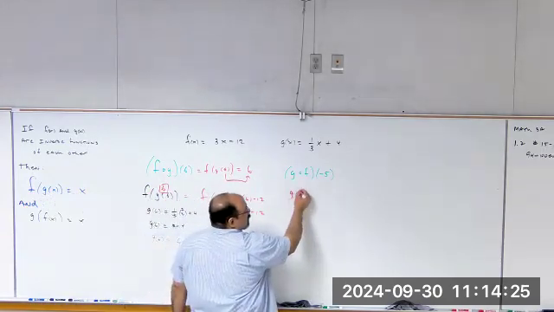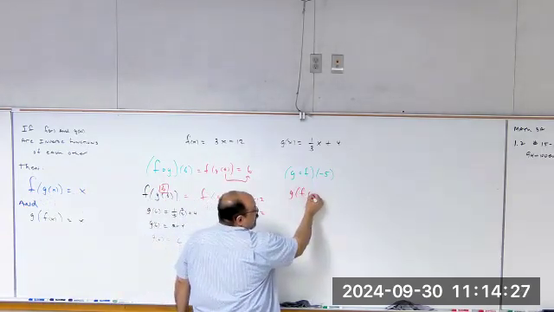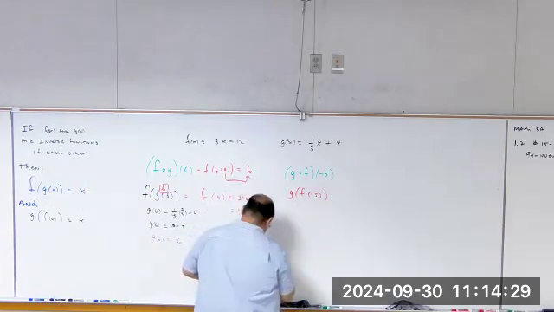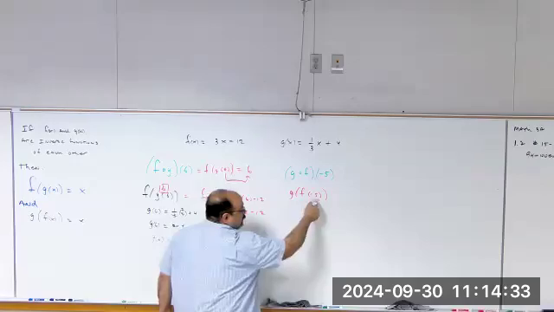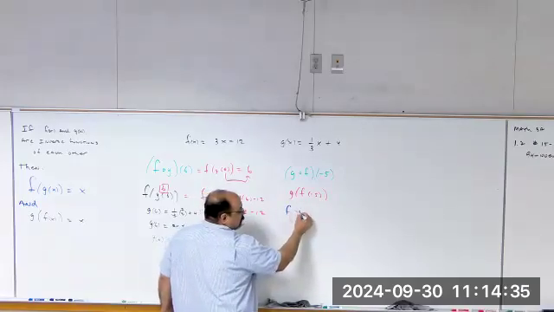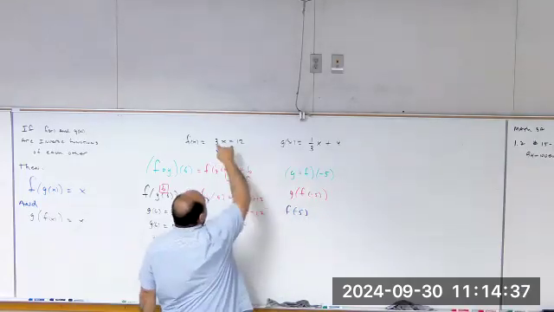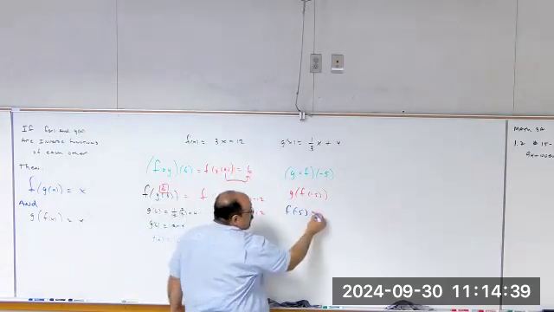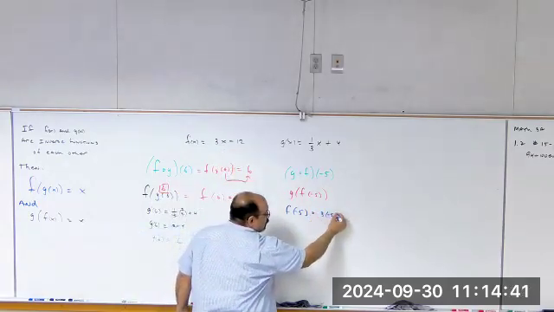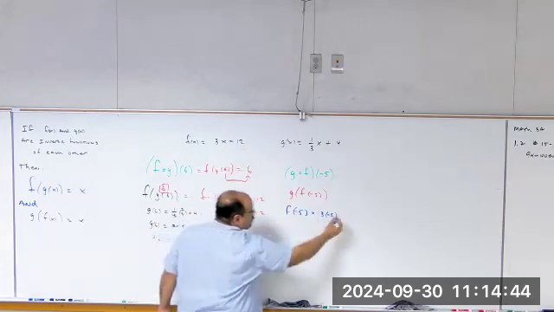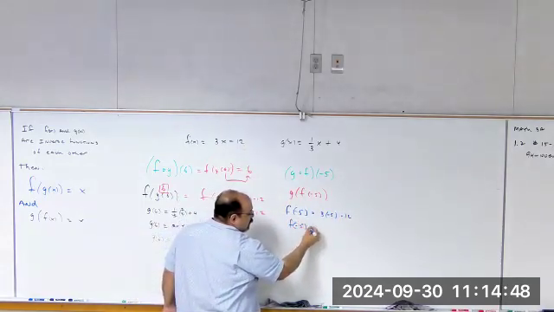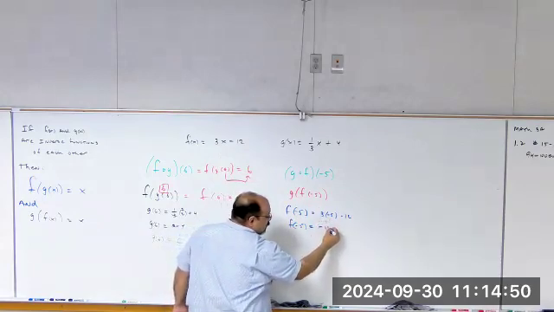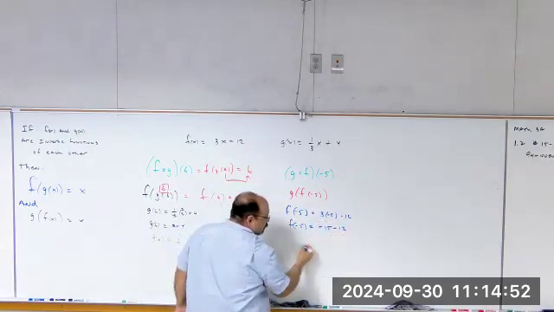Bring it back. G of F of -5. So F of -5. So 3 times X, so 3 times -5. And then a minus 12. So F of -5 is equal to -15 minus 12.